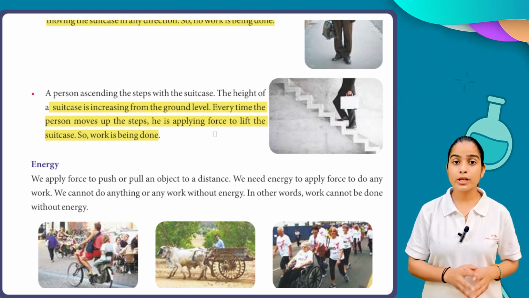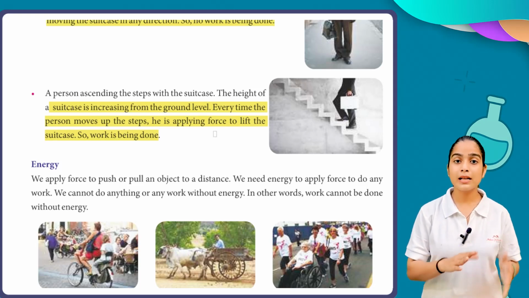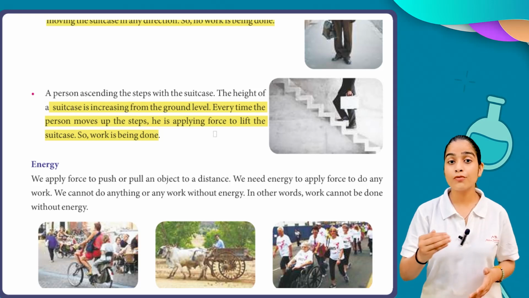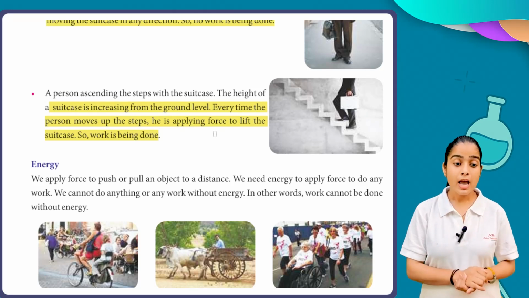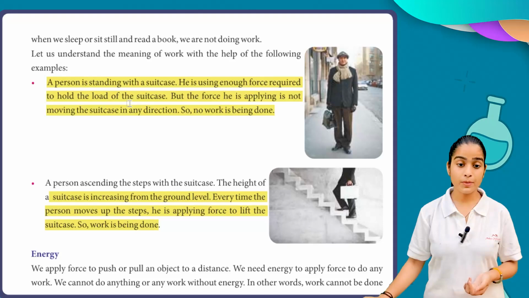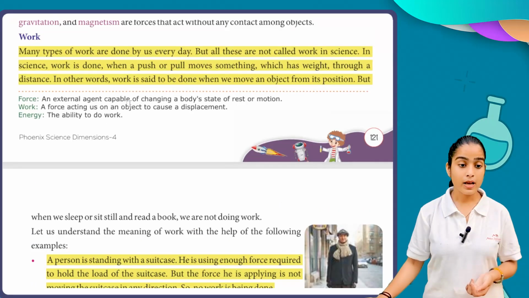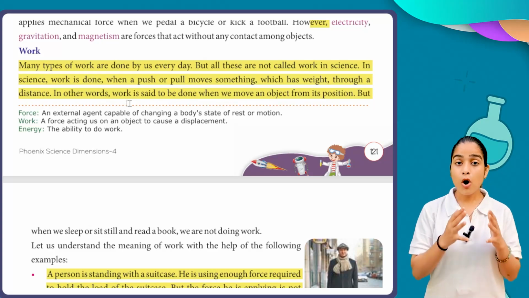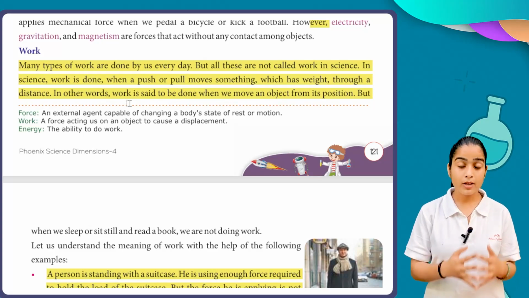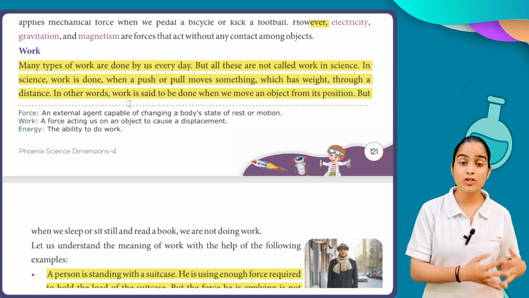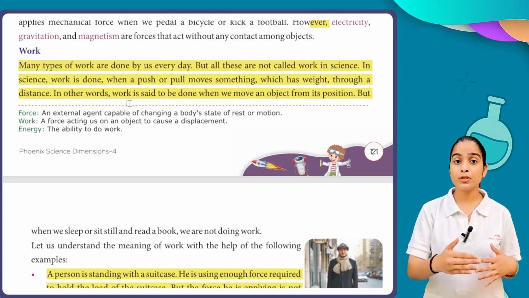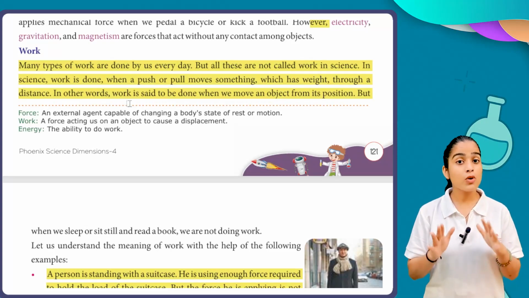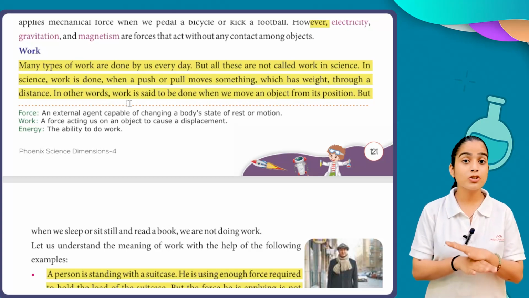So according to science, if we are doing any kind of work, the position of the object should be changed. If the position of that particular object remains the same, then according to science, no work is being done by you.